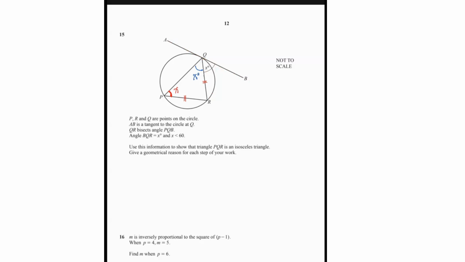Okay. So the solution is just basically this angle QPR equals this angle RQB. Now, because this is a show question, you need to write a bit more steps. Alternate segment theorem.